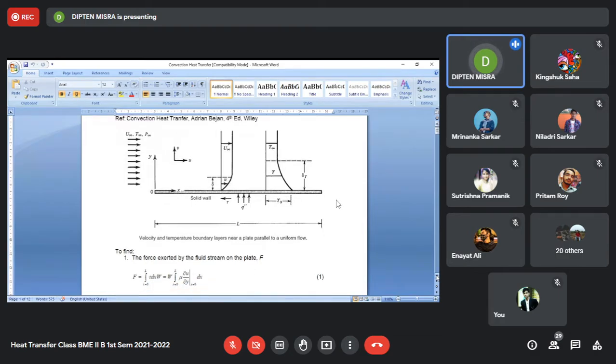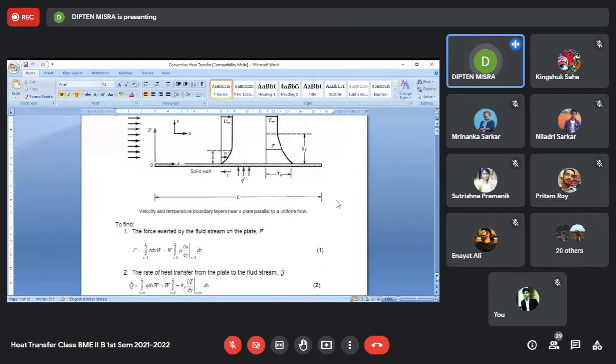Not only the value of H, we also would like to know, when the fluid moves down this plate, or if you keep this plate intact, then it is exerting a drag force on the movement of the fluid. The fluid is being dragged back. That is why there is a slowing down of the velocity. So what is the force the wall is exerting on the fluid, and that force is equal to the force exerted by the fluid on the wall.